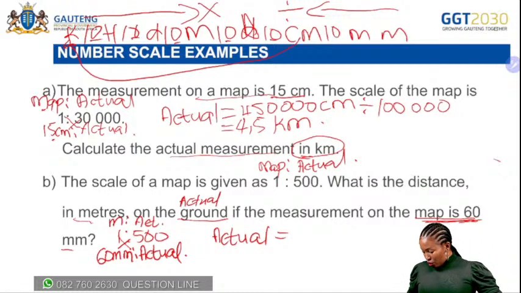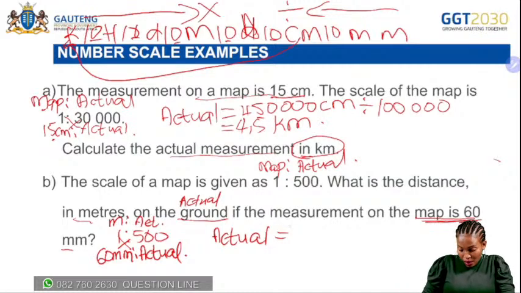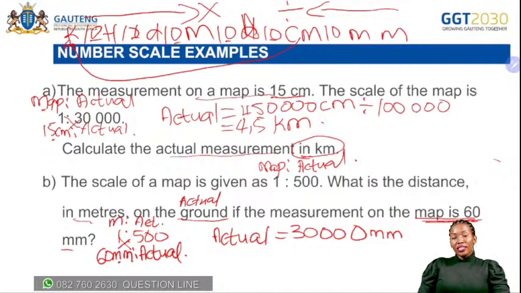You take your calculator. You say 60 multiplied by 500,000. The answer is 30,000,000. But you multiplied with what? With millimeters. Meaning your answer is going to be 30,000,000 millimeters. Are we done? No. The instruction wanted us to calculate the distance in what? In meters. You go back to your King Henry.